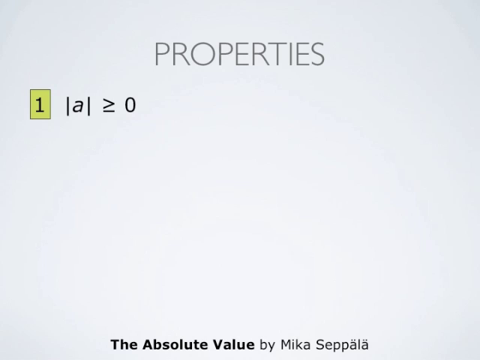Here are the properties of the absolute value. First, the absolute value of any number a is always non-negative. It is 0 if a is 0 itself, and otherwise the absolute value of a is positive. The absolute value of negative of a is the same as the absolute value of a. The absolute value of a squared is the same as a squared itself.